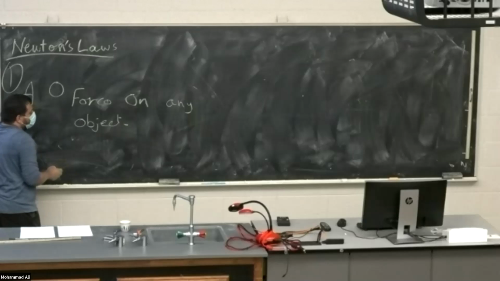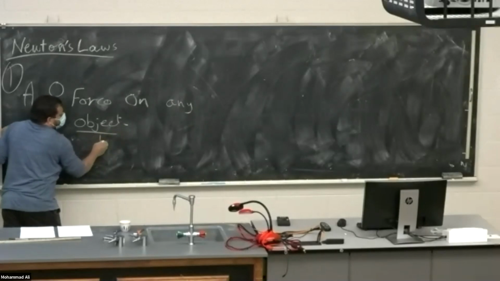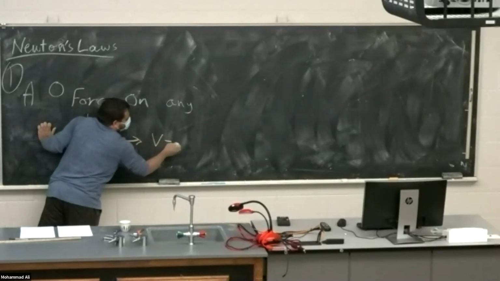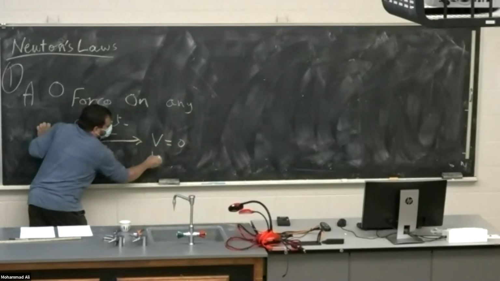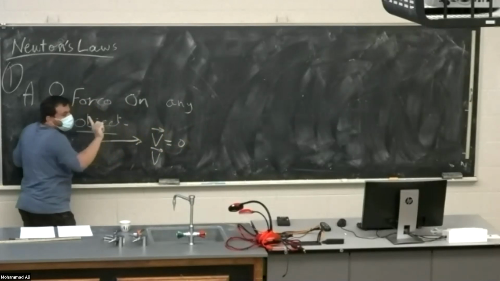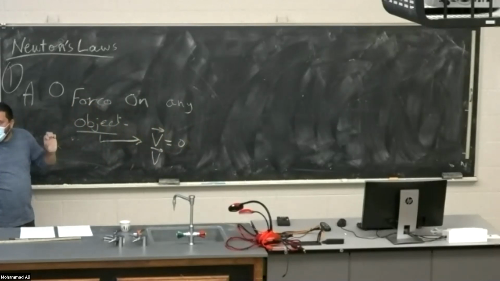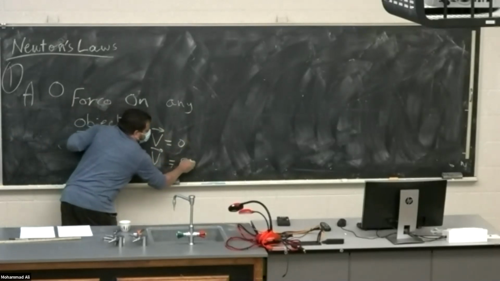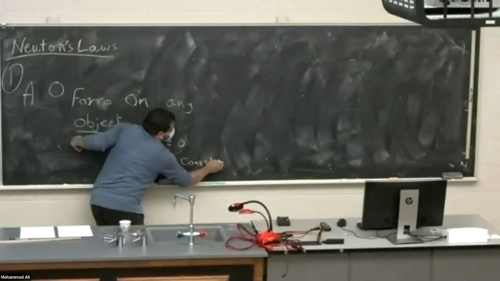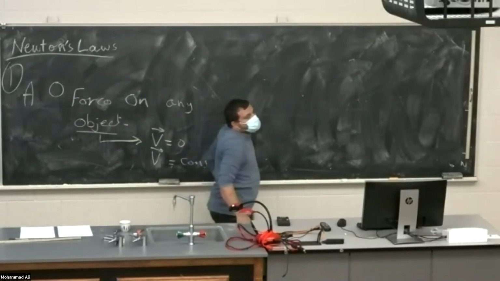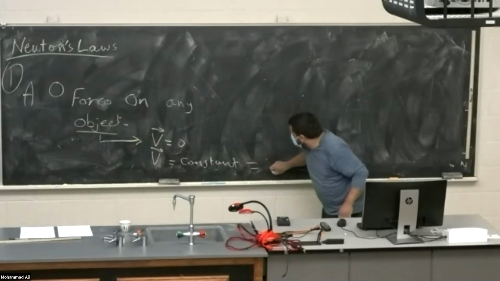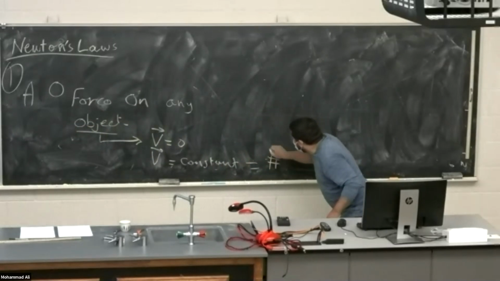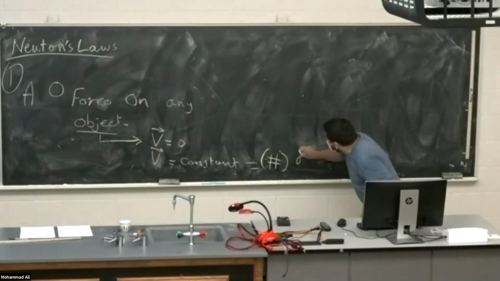This object maybe has a velocity equal to 0, or a velocity equal to a constant. I'm talking about velocity, not speed, which is a vector. The constant means constant magnitude and constant direction.